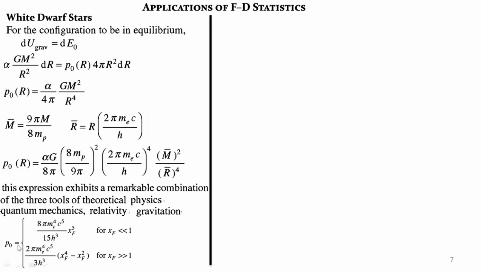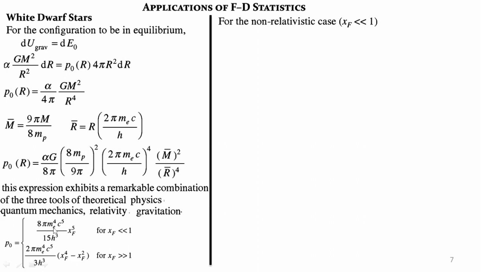Now, this is the expression for pressure P naught, which we have obtained in terms of xf. Now you would say, okay, there is another expression for P here. How are the two related? So now let us compare these two for two different cases: one is non-relativistic and the other is relativistic. If we stick to the non-relativistic case, xf is very much less than 1.